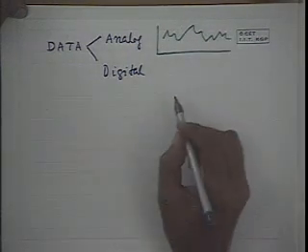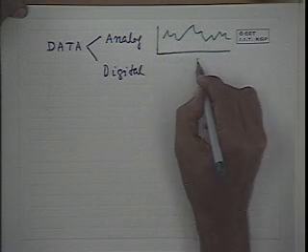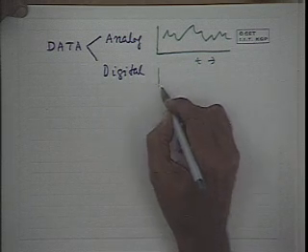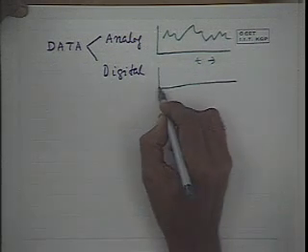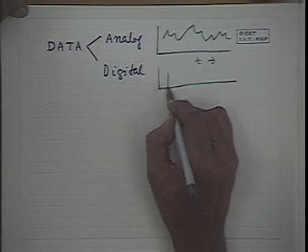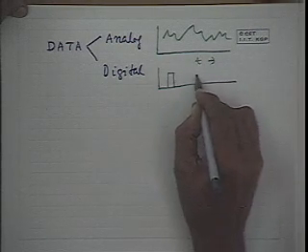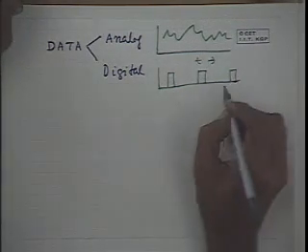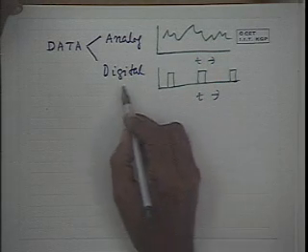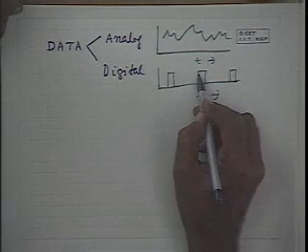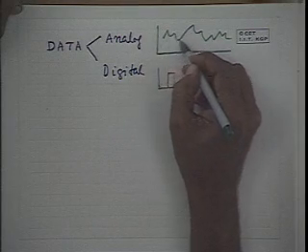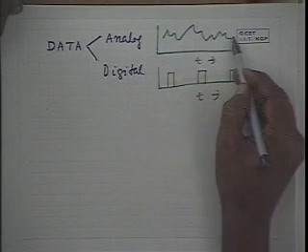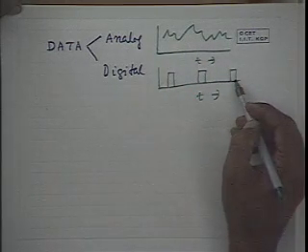That means it varies continuously over time. On the other hand, a digital data will have some discrete values. So, over time the digital data will have some discrete values. On the other hand, an analog data will have continuous values. So, this is a representation of some analog data, this is the representation of some digital data.